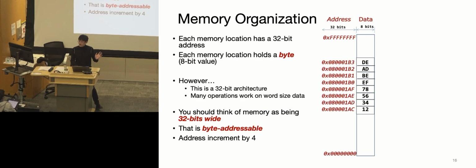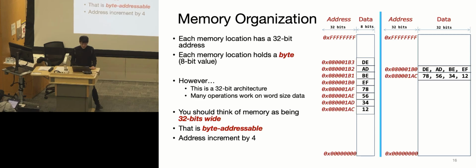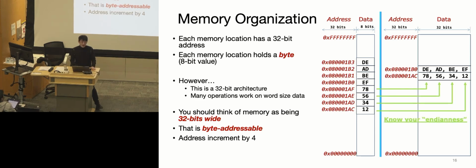Any questions on this? Okay, sounds good. Another thing is, know your endianness. We're going to use little endian throughout the course and also the exam, unless otherwise stated. And I don't think it's otherwise stated in this exam, so it's pretty much going to be little endian for you guys.